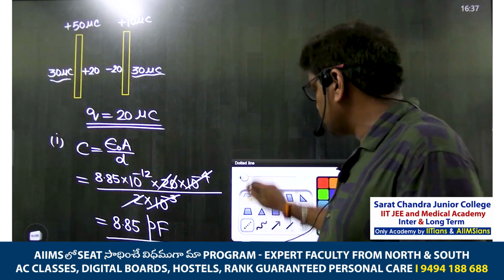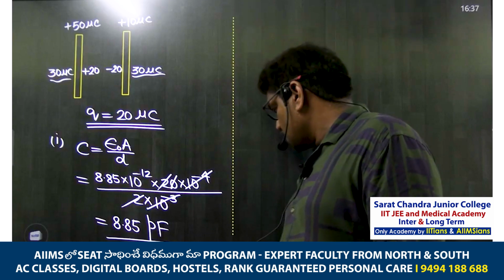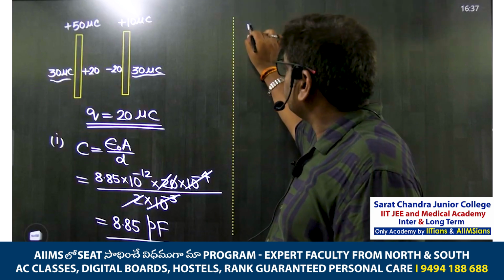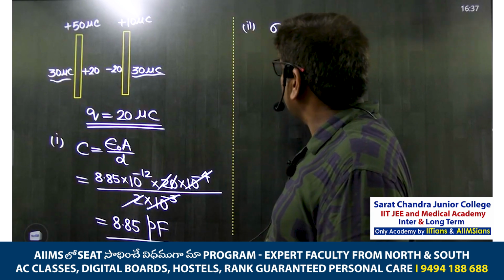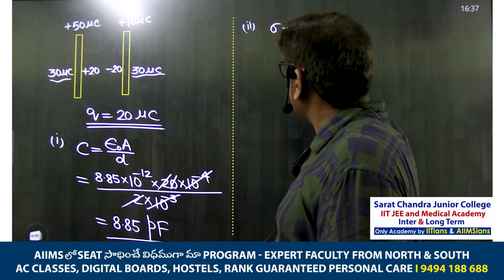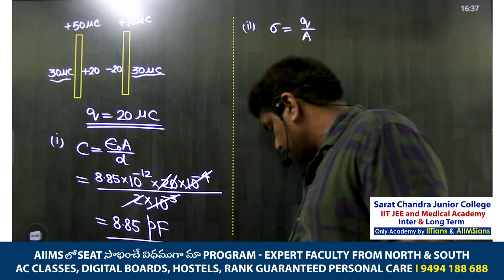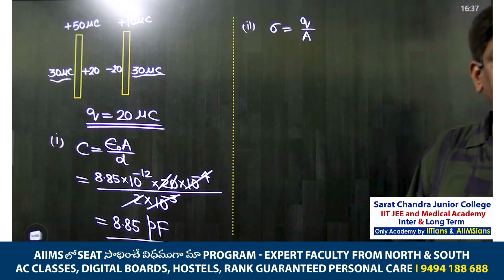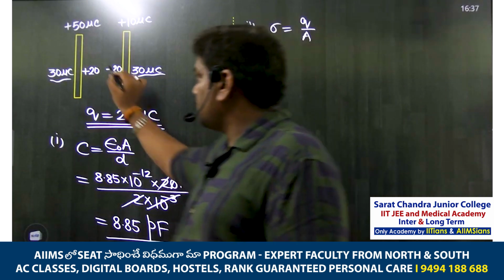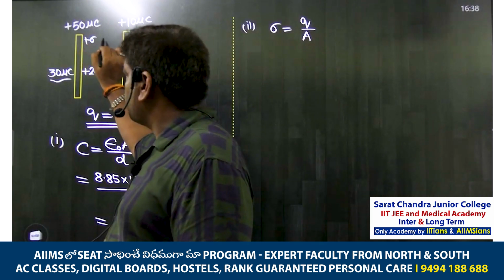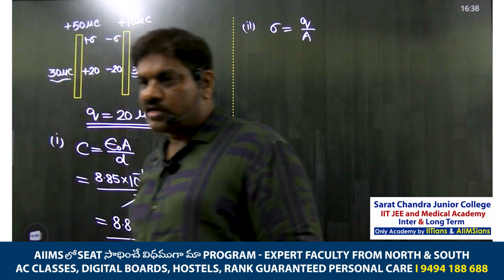Next part of this question, we have to find out sigma. How to get sigma? It is simply depending on the inner charge, so Q by A. Everybody, this plate is having plus sigma here, this plate is having minus sigma here, and how to get sigma?